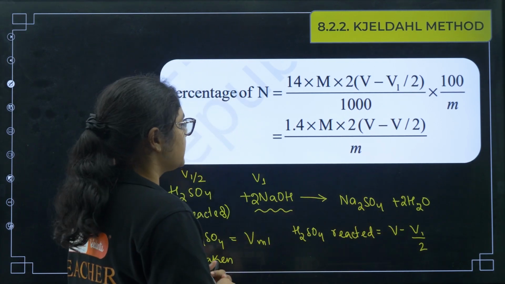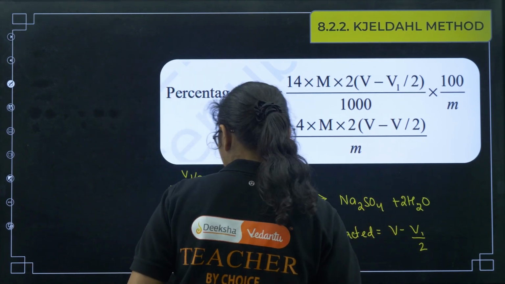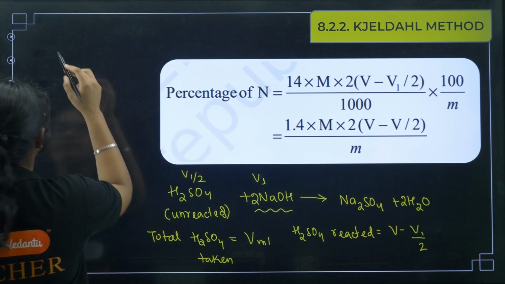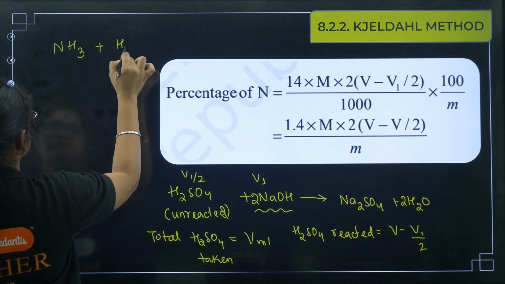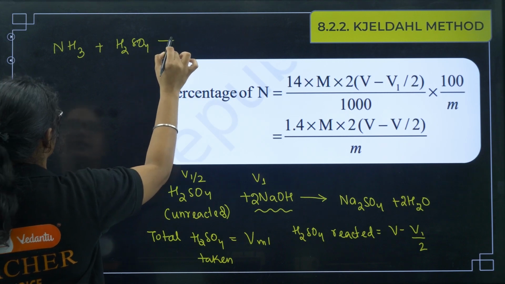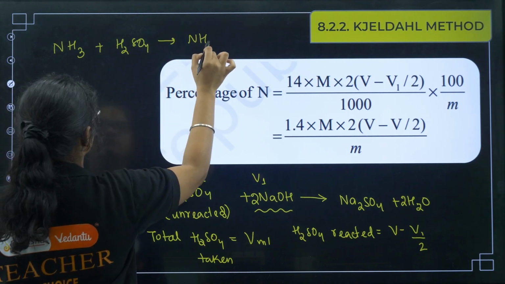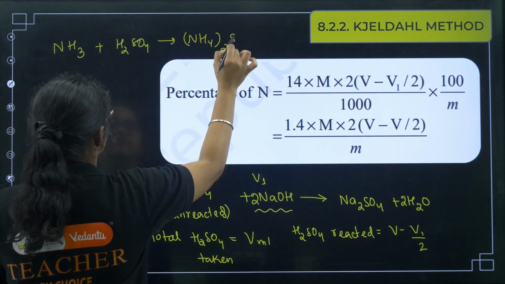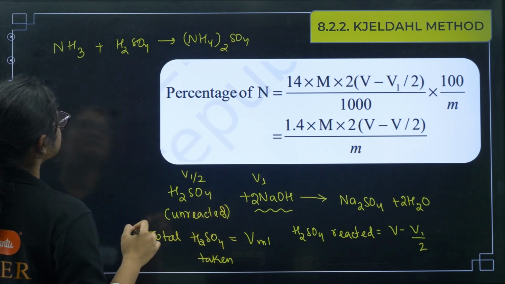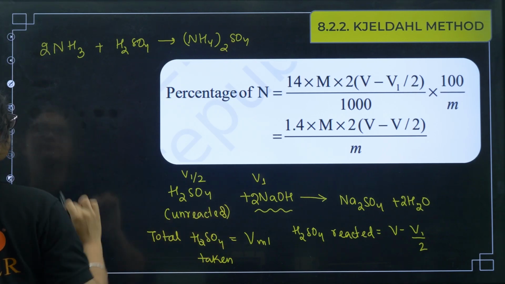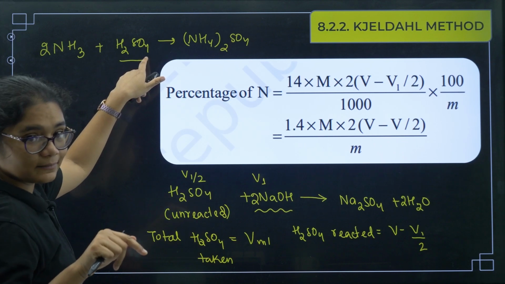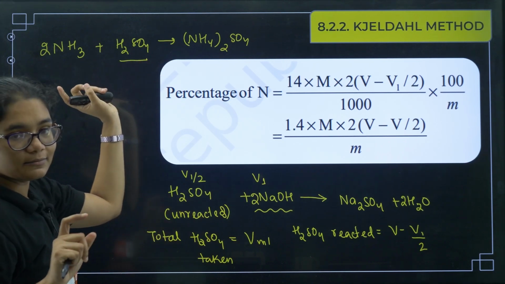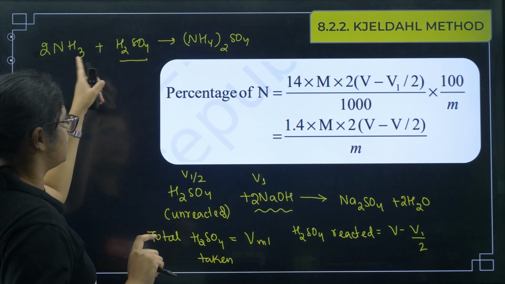Now, what was the reaction? NH3 plus H2SO4 gave me (NH4)2SO4. If I balance this, I will get it like this. So for the H2SO4 that reacted, twice that amount of ammonia must have reacted, by seeing the relation.